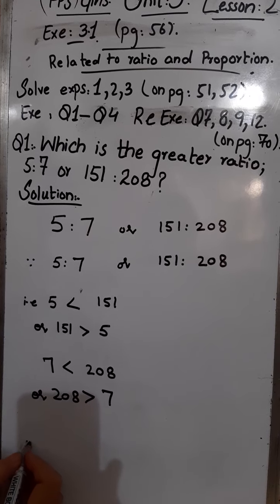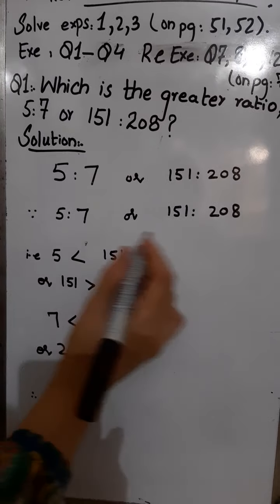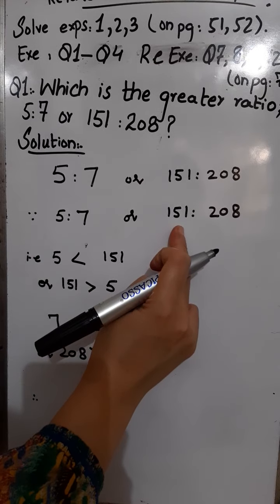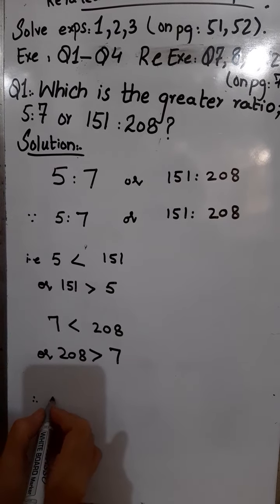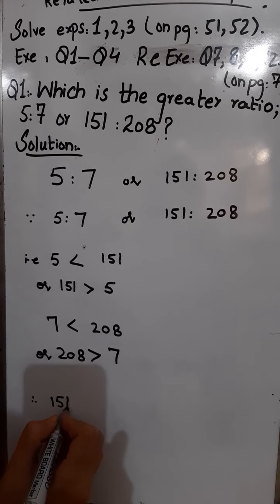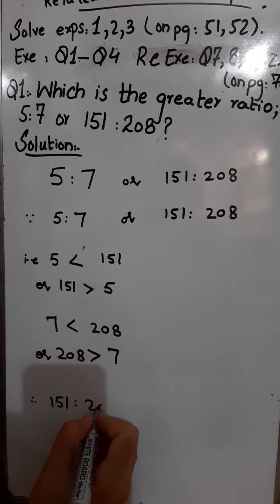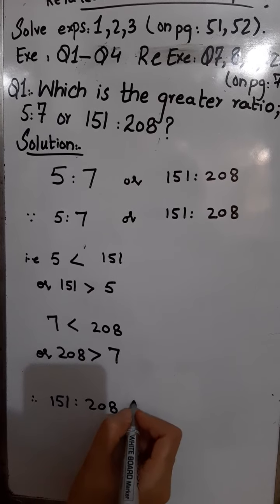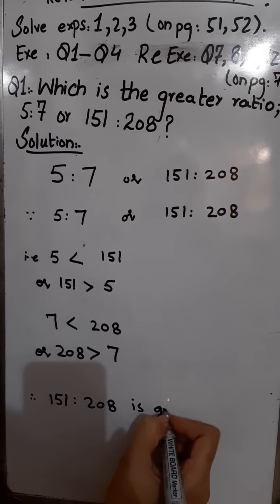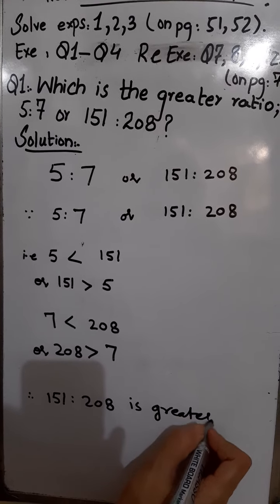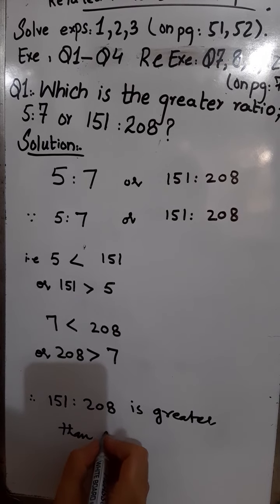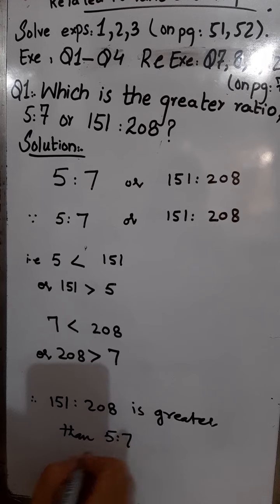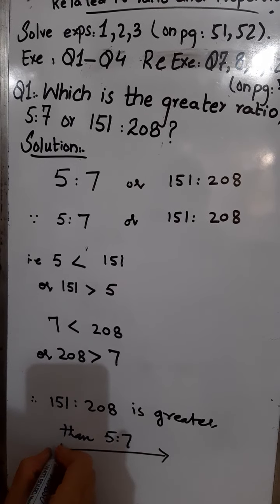So by comparing both ratios in their corresponding quantities, the result is 151:208 is greater than 5:7. Now this is the end of the solution.